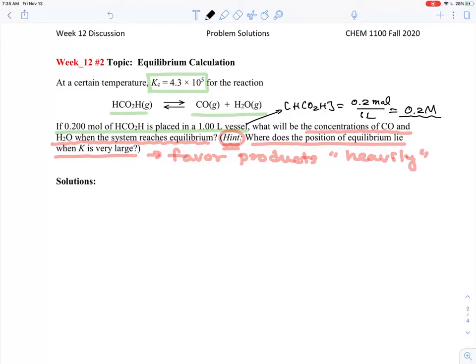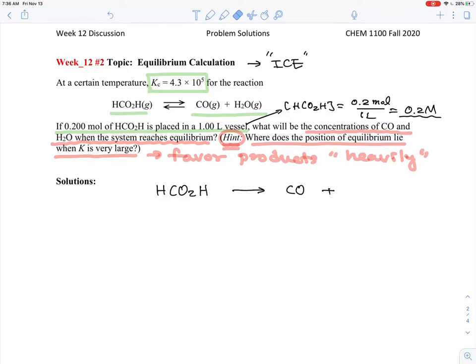And then, this is an equilibrium constant problem, so we have to construct the ICE table built around the chemical equilibrium reaction. So HCO2H, formic acid, decomposes into CO, carbon monoxide, and H2O.